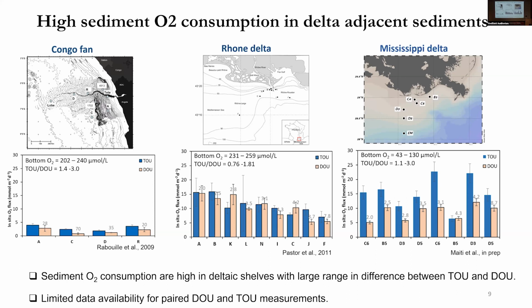The first thing we notice is that depending on which delta you are looking at, there's a wide range of TOU and DOU. The blue here is the TOU, total oxygen consumption, and this is diffusive oxygen uptake, DOU, in orange. The number on the top tells us the penetration of oxygen inside the sediment.